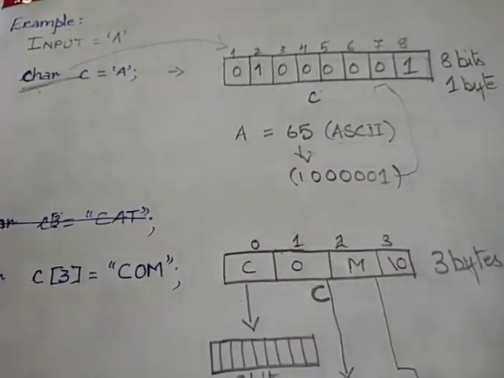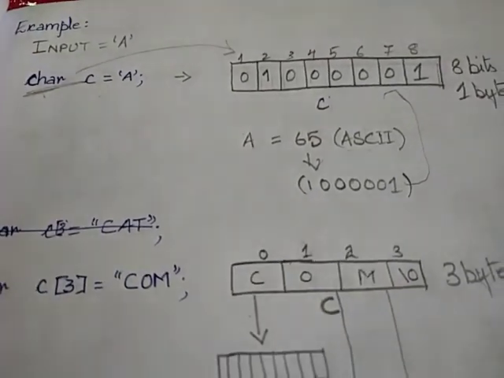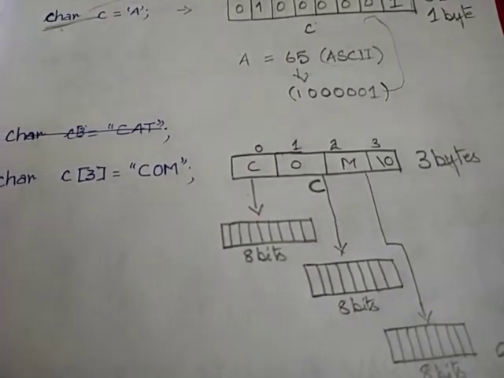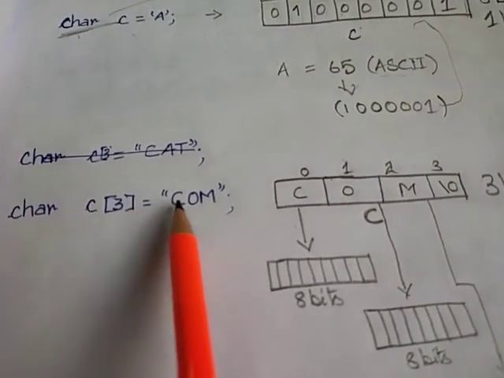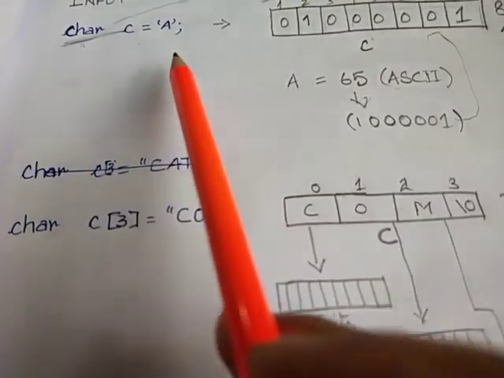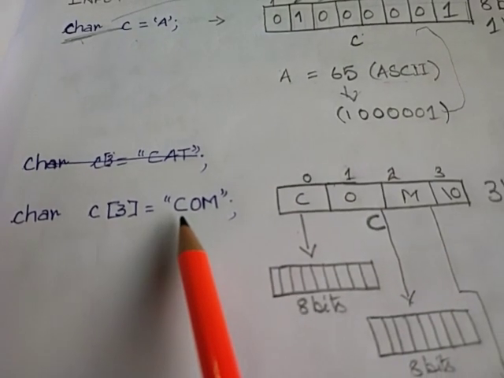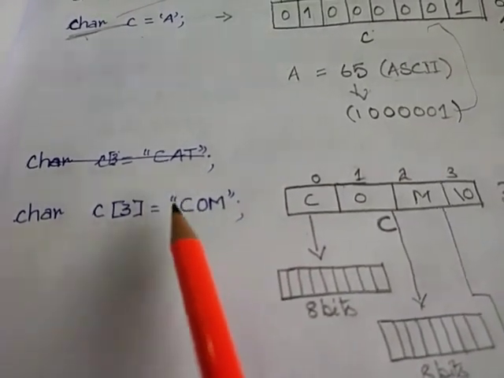And sometimes instead of storing a single value, we are going to store multiple characters in the variable C. For example, I want to store 3 letters instead of the single letter A. I'm going to store 3 letters or 3 characters, C-O-M. So how will I declare it?